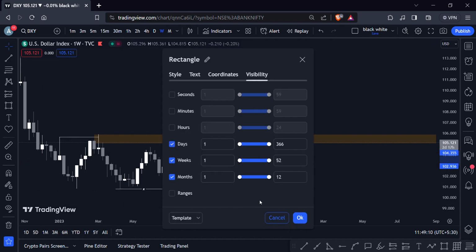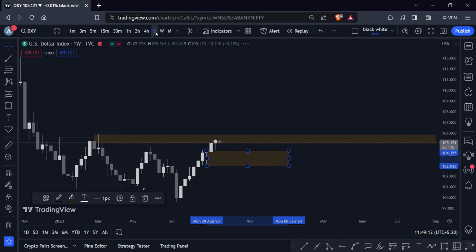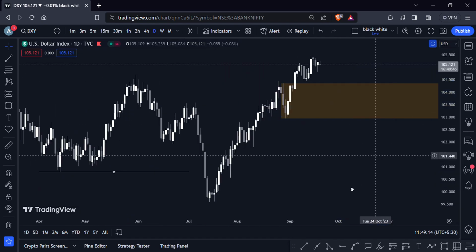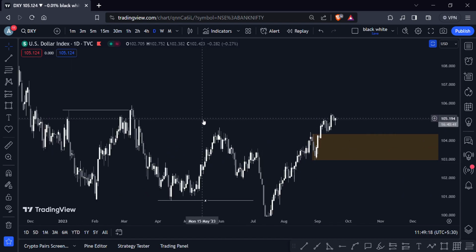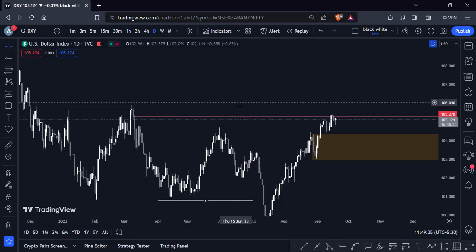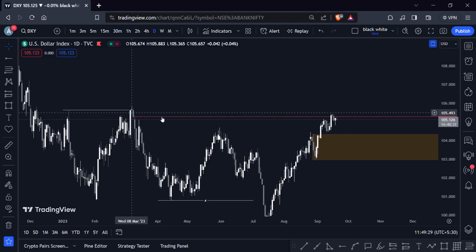So let's get to the daily time frame. We got into the daily time frame, and what do we have here? In the daily time frame, we have a volume imbalance over here, and we have a strong high, which took the liquidity of the previous high, and then we broke down.